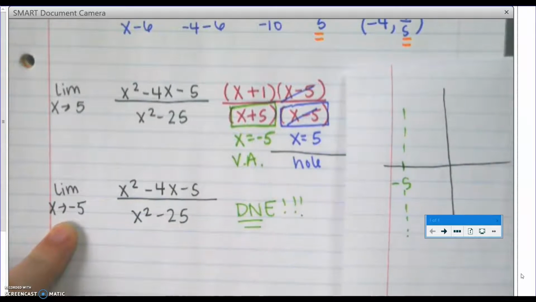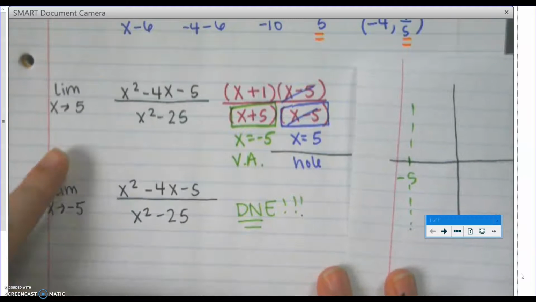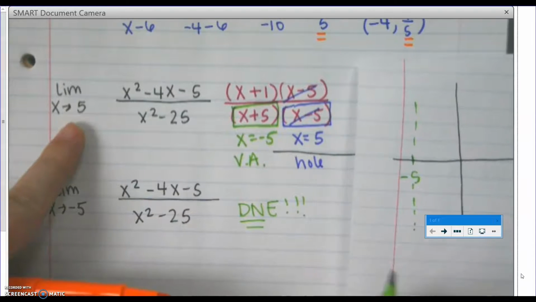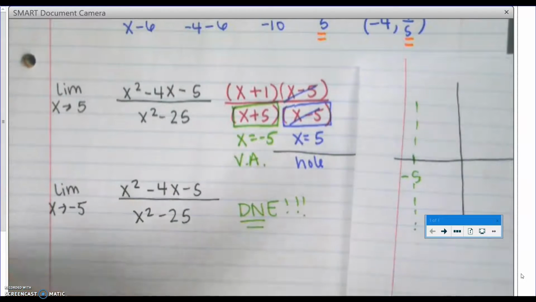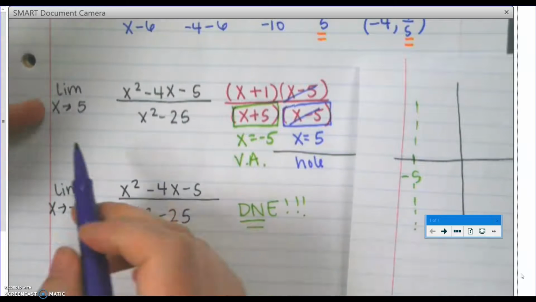You cannot find the limit at a vertical asymptote. The ends do not approach an actual value. All right, but this one is asking me to find the limit when x is the hole. So I can find that. I just have to find the y value of the hole.